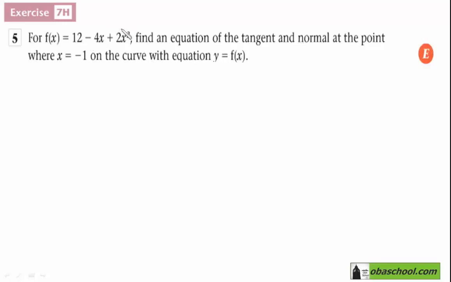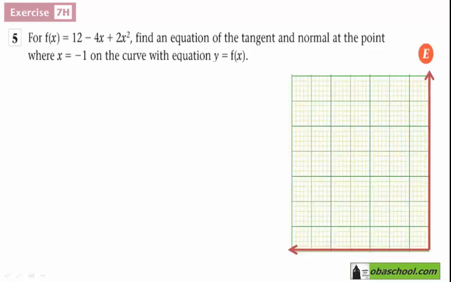For better understanding, let's make a sketch so we understand how we are going to start working out this exercise. Assuming that this is the curve f of x in blue, the point A at x equal minus 1 is going to intersect with the curve at the point A with the y ordinate that is unknown.